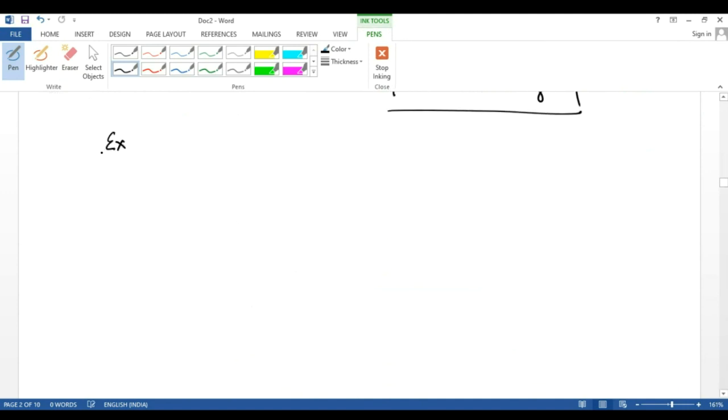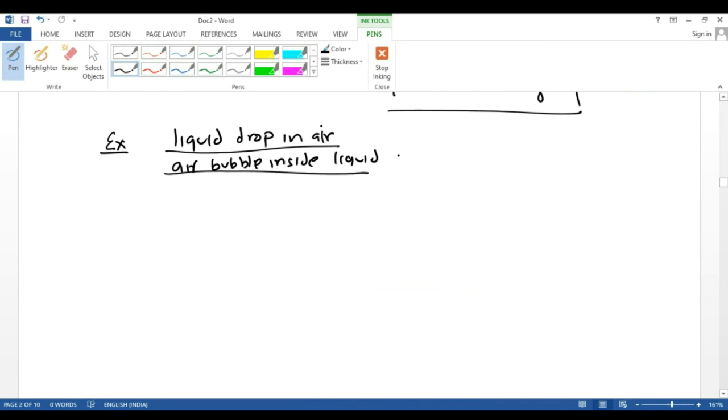So for example, if we have a liquid drop in air, or an air bubble inside liquid, in both these cases there is excess pressure on the concave side, which is inside the drop or bubble.